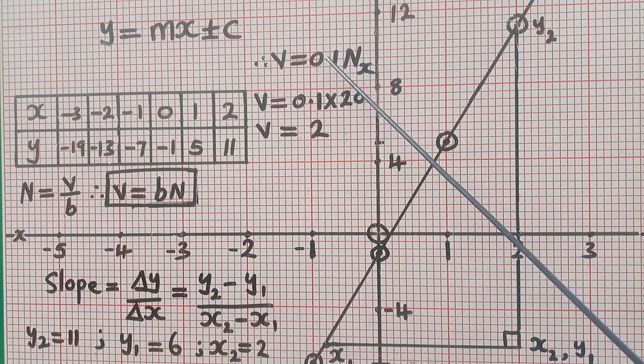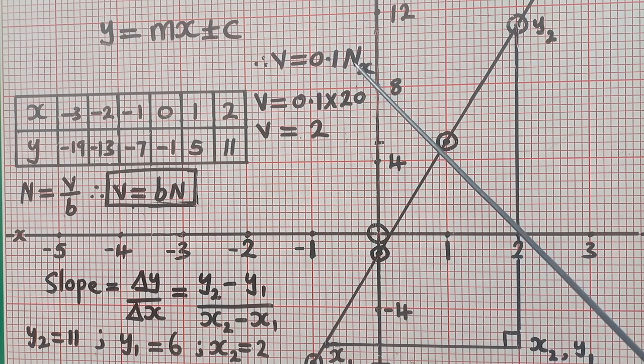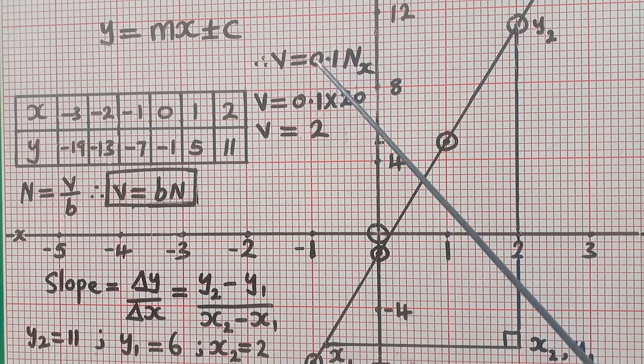It is 0.1. So n is now nx, no longer ny. It is now the number of boxes counted along the x-axis. Therefore, the formula for determining the value of every point chosen along the x-axis is that v is equal to 0.1 nx.